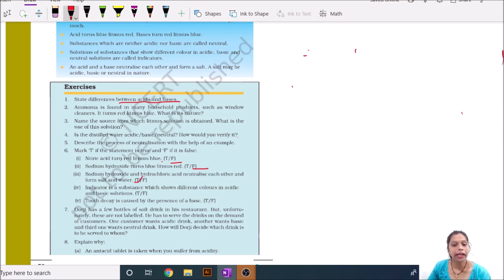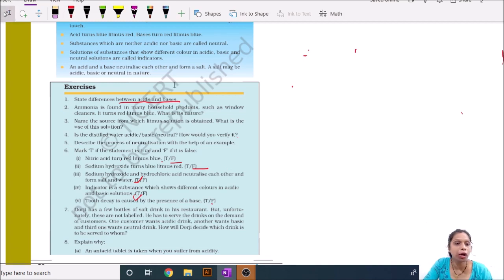True. Okay. An indicator is a substance which shows different colors in acidic and base solutions. It is true. Tooth decay is caused by the presence of base. No, tooth decay is caused by the presence of acid. False.